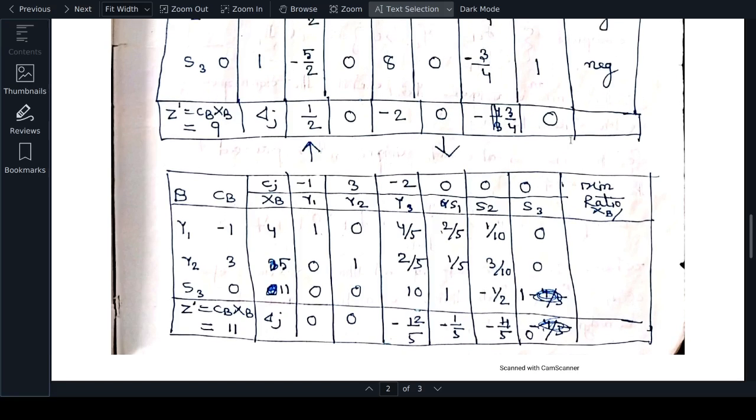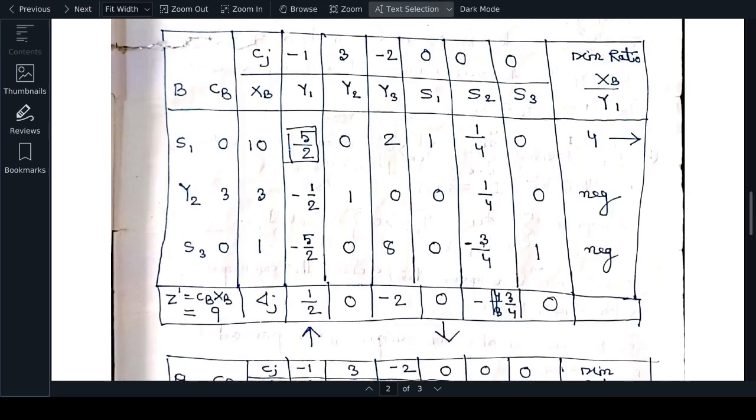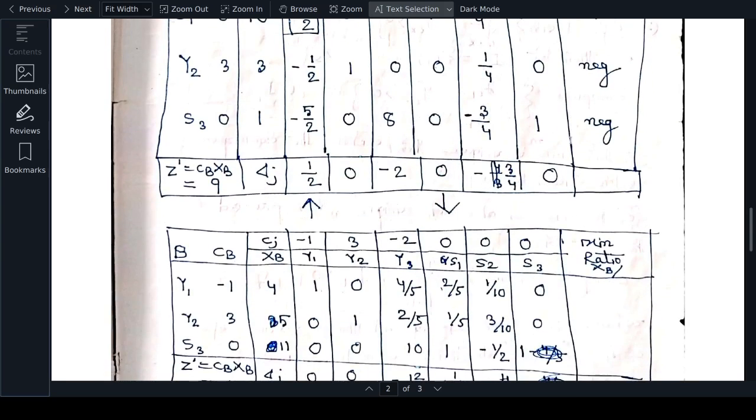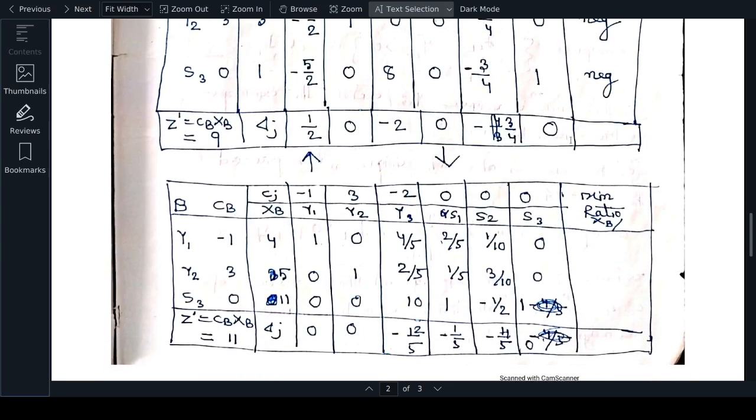From second table S1 to third. S1 will be out and this S1 will be replaced by incoming vector Y1.